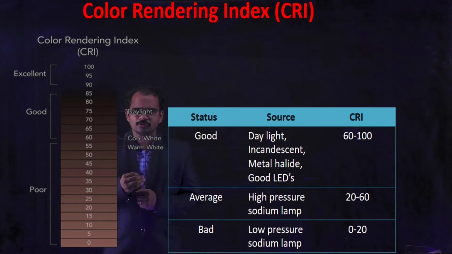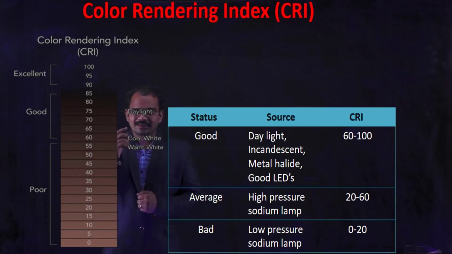And now we will see the bad light sources. So low pressure sodium vapor lamp is a very bad source of light, and it does not actually reproduce the actual color of the object, and that is why it is termed as bad, and it has a color rendering index in between 0 to 20.